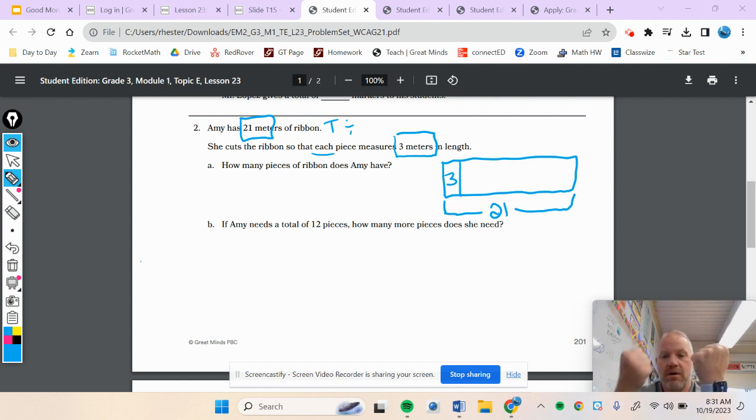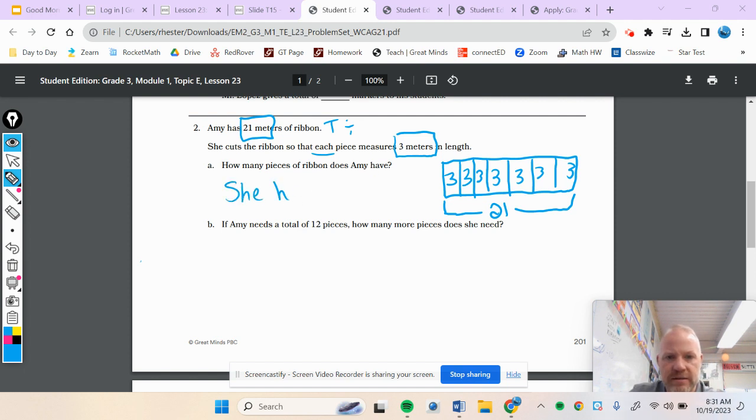So we have to count our 3s. So 3, 6, 9, 12, 15, 18, 21. 21, 7 fingers, 7 boxes. 7 boxes, 6 cuts. 1, 2, 3, 4, 5, 6. And each box has 3. So how many pieces does she have? She has 7 pieces. Now, don't forget, if you didn't write a sentence, you will lose points. Make sure you write a sentence so you get full credit.